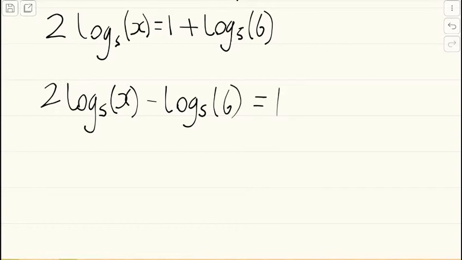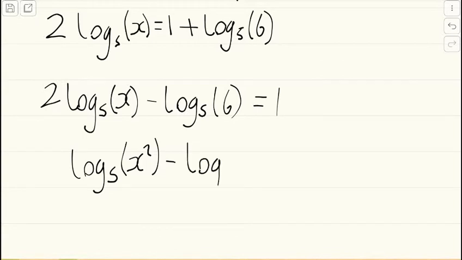Okay, and now I'm going to combine these logs, but in order to do so, I have to first of all make the coefficients the same. So I need to rewrite the first expression using the power law. So that becomes log to the base 5 of x to the power of 2 minus log to the base 5 of 6.